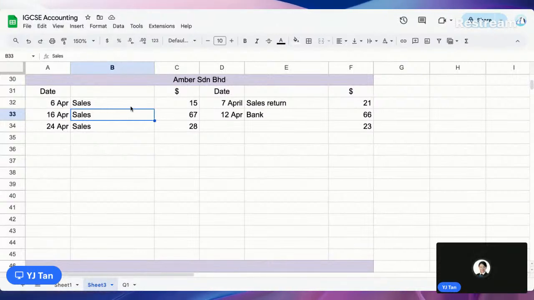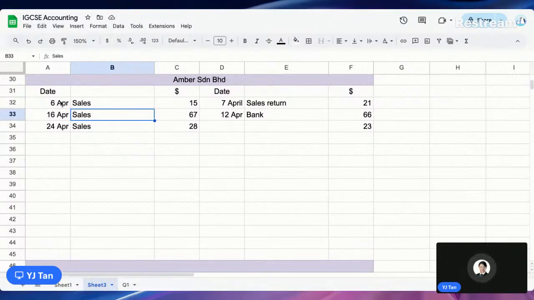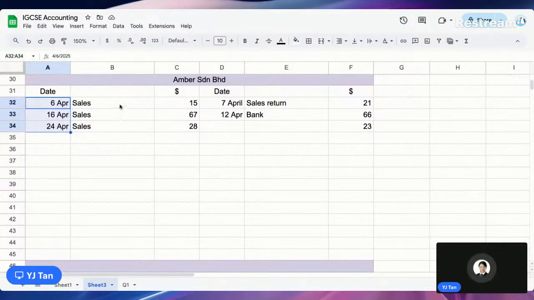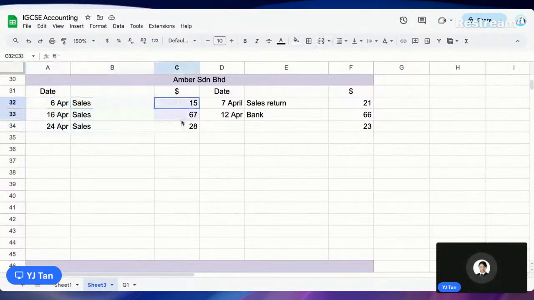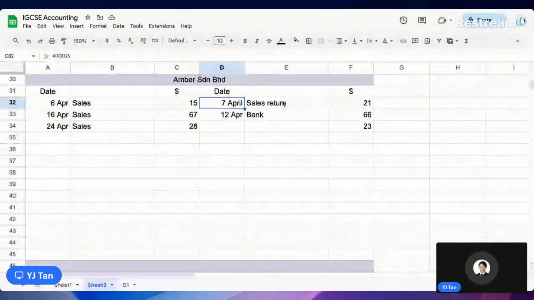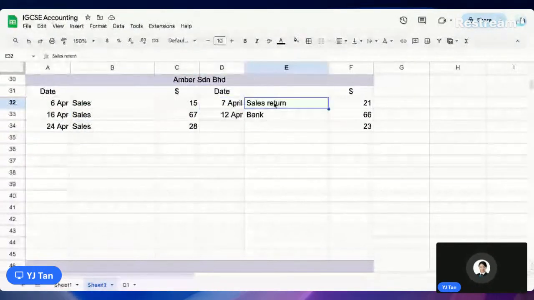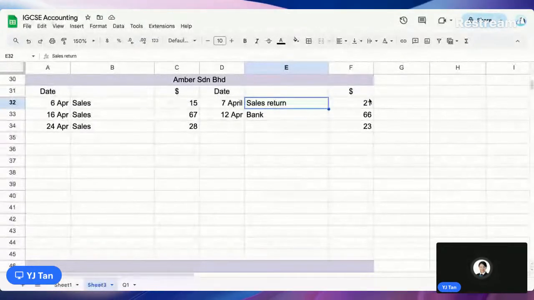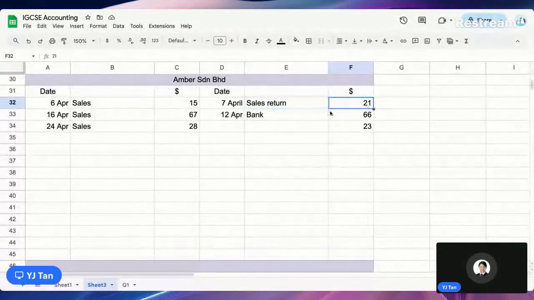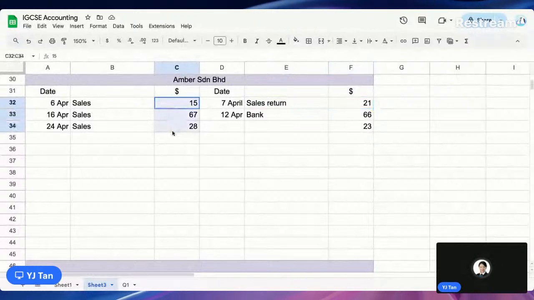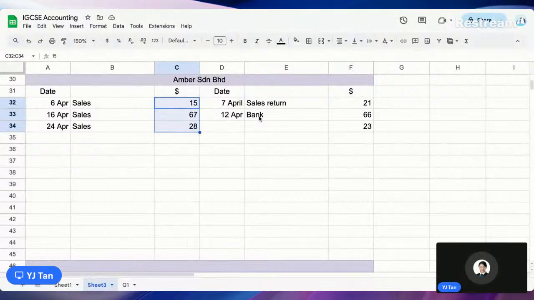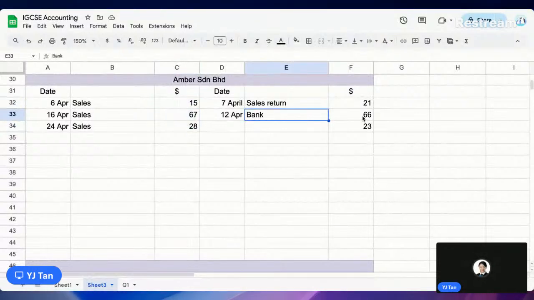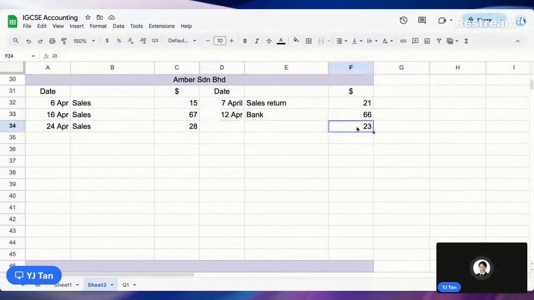It's a company called Amber. This is various different sales transactions. This is the total. But on 7th of April there are some sales returns, that means Amber was not happy with the goods and returned $21. All this is credit, which means those sales, but Amber didn't pay me. But we received some money from Amber, 66, on 12th of April. Ignore this one first.